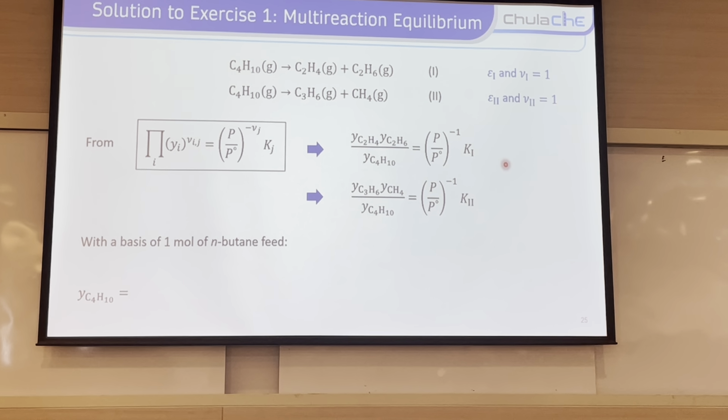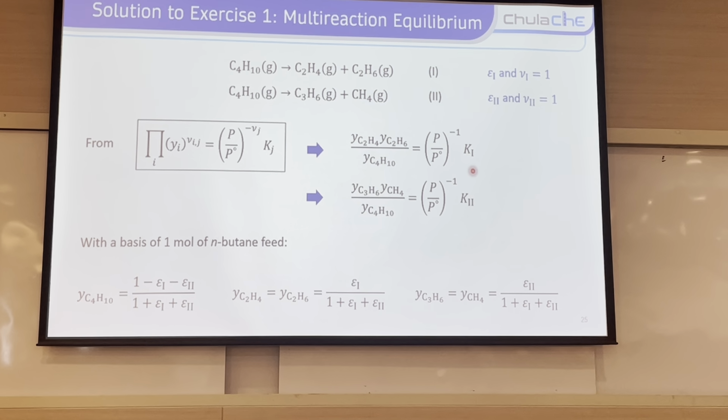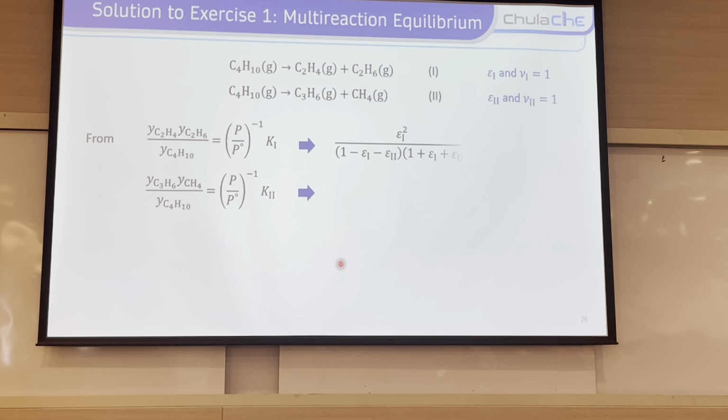And in this example, we just do the same procedure that we have done before. When you already have the equation that relates the mole fraction and equilibrium constant, you just change the form of the mole fraction into a function of the reaction coordinate, and you rearrange the equation.